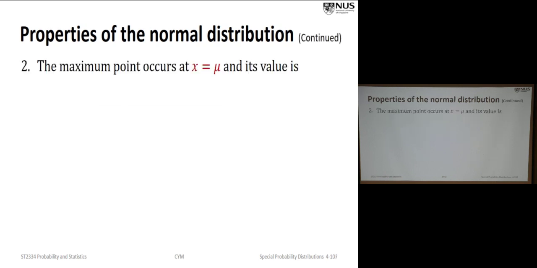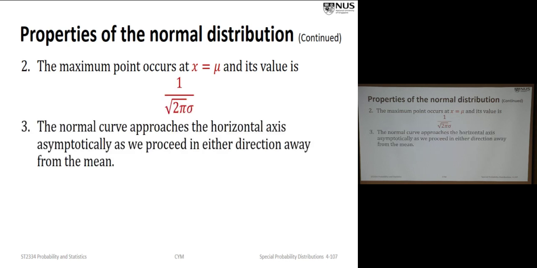The second property is obvious: the maximum point of the PDF occurs at the center, when x equals mu. The maximum value of the PDF is 1 over square root 2 pi sigma. You just substitute x equal to mu, then the exponential part is e to the power 0, which is 1, so we are left with only this factor, 1 over square root 2 pi sigma.